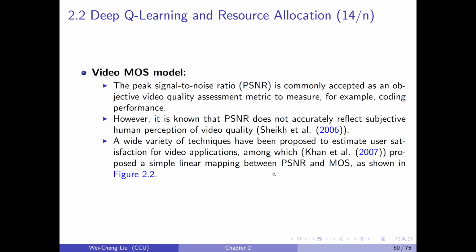Let us go back to page 60. Among which, Kang et al. 2007 proposed a simple linear mapping between PSNR and MOS as shown in figure 2.2.